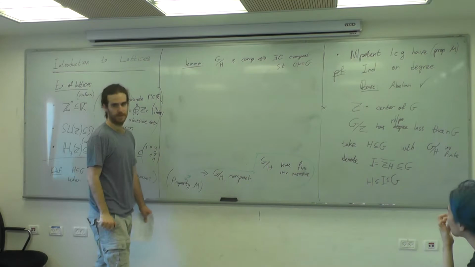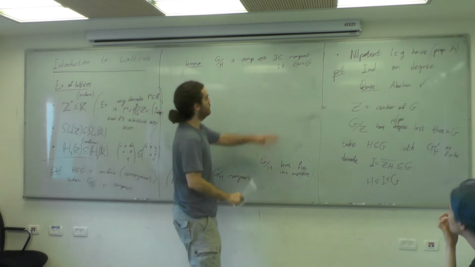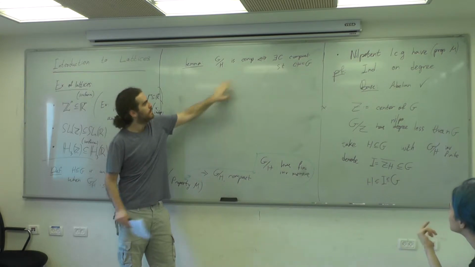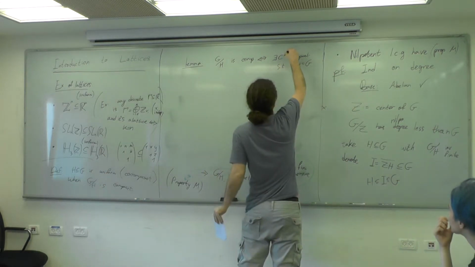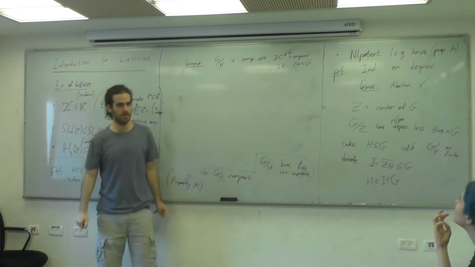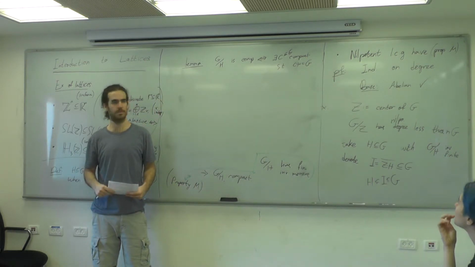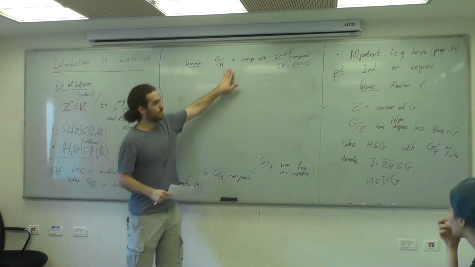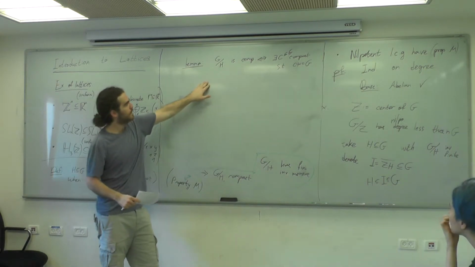So let's do it in words. Is the claim clear? The claim itself? C compact in G. So let's run it.